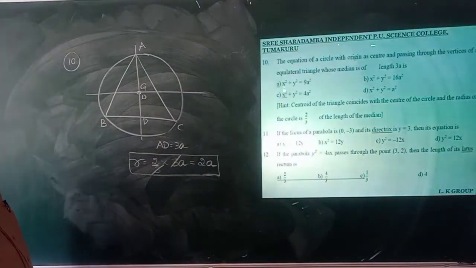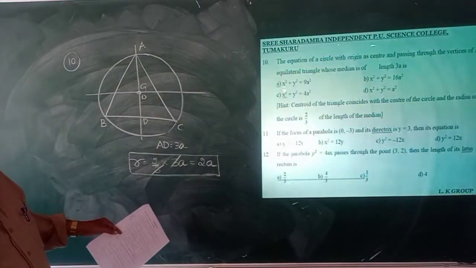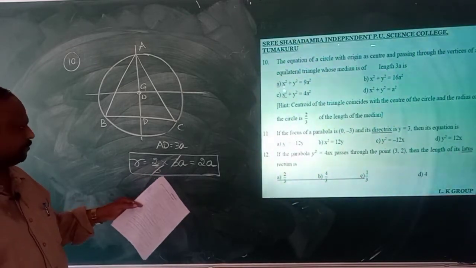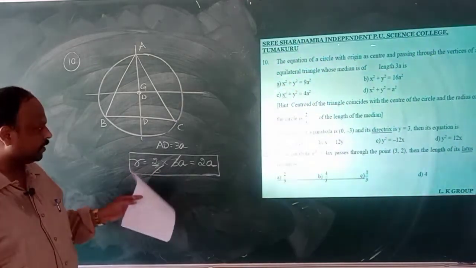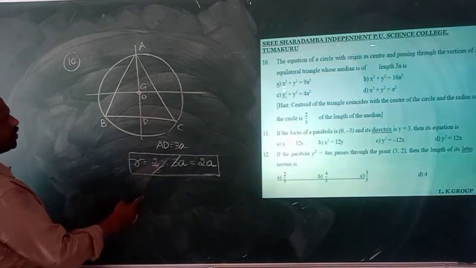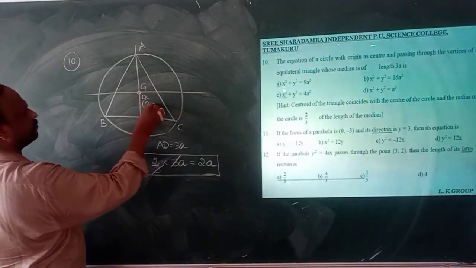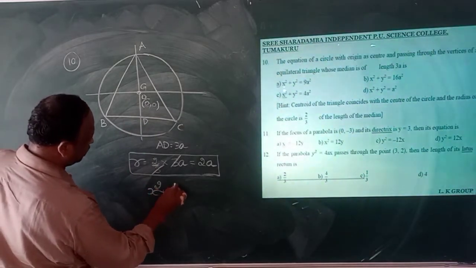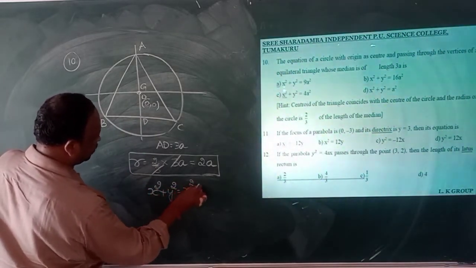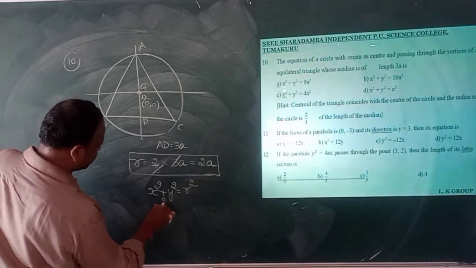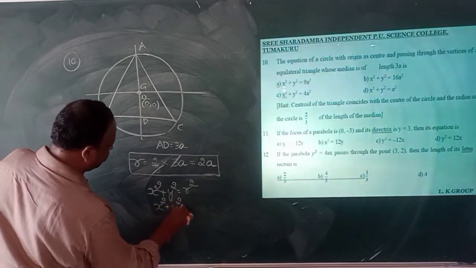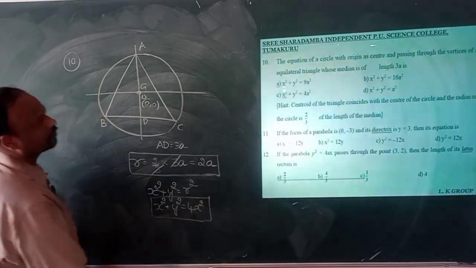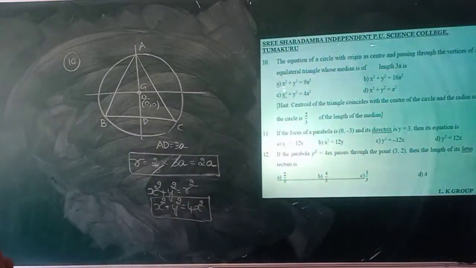Radius is 2a, center is origin. So therefore x square plus y square is equal to r square. X square plus y square is equal to 4a square. So therefore the option C is the answer.